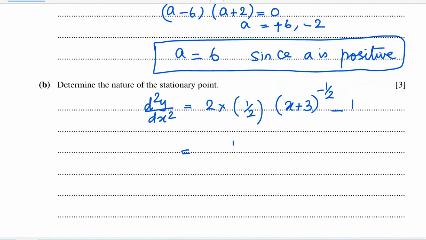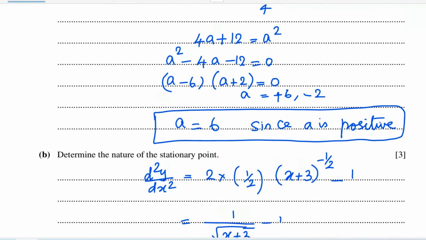So we'll get this as 1 divided by square root of x plus 3 minus 1. So we got the answer for A as 6.